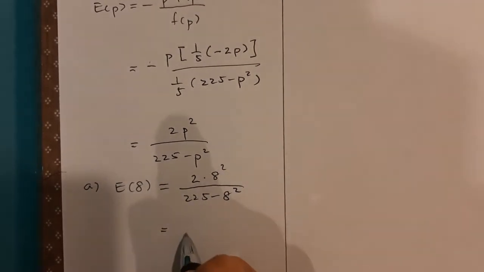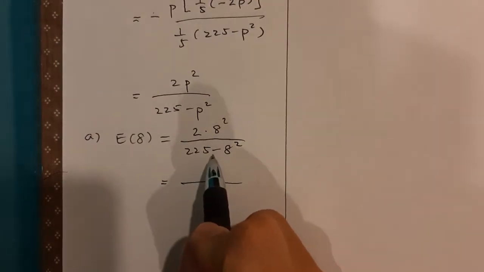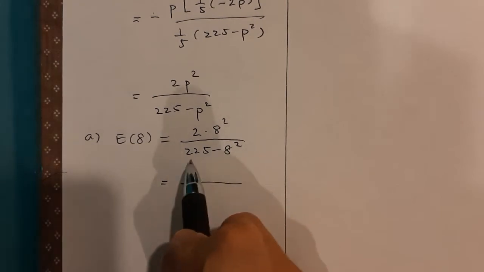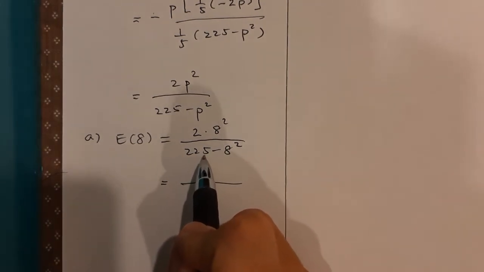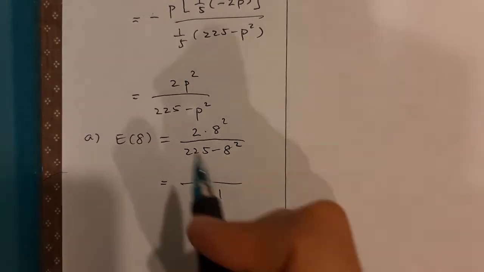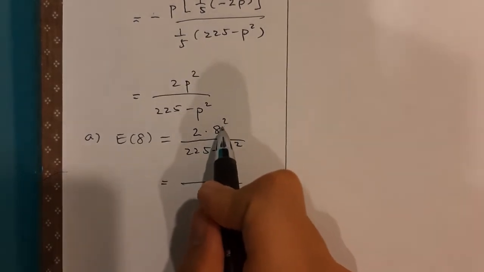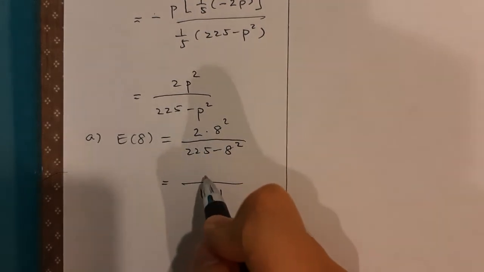So that will be 225 minus 64, which is 161. And then on the top, here we got 64 times 2, so that will be 128.